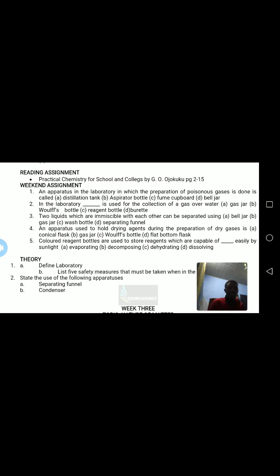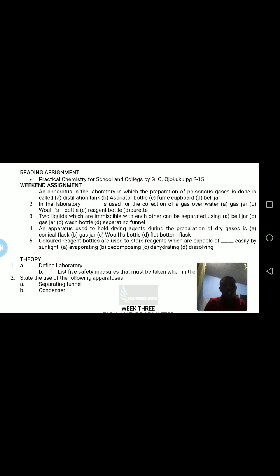B. Gas jar. C. Wash bottle. D. Separating funnel. Ensure you don't look at the note. Just answer them based on what you know. A. Bell jar. B. Gas jar. C. Wash bottle. D. Separating funnel.